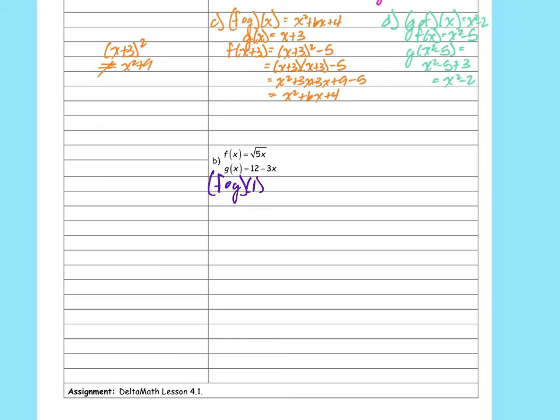So g of 1 is going to be 12 minus 3 times 1, or 12 minus 3, which is 9. Okay? Right? And then I take that and I plug it into f. So I find f of 9, which is the square root of 5 times 9.